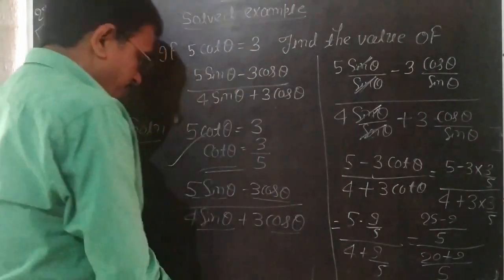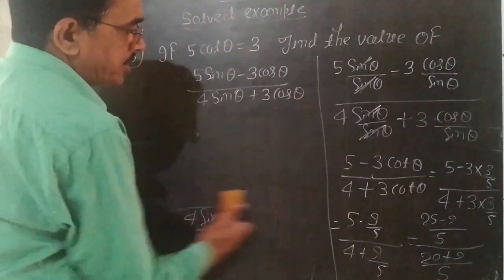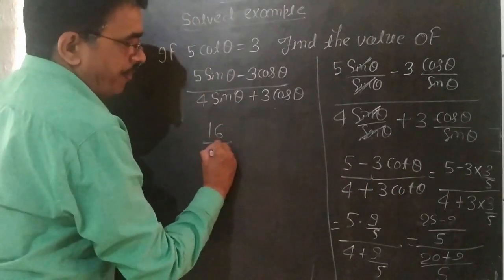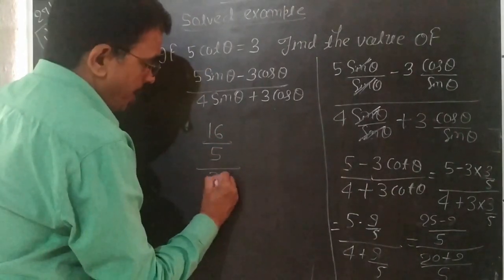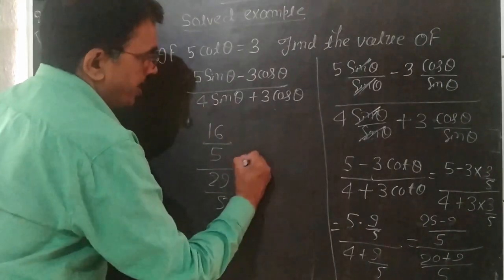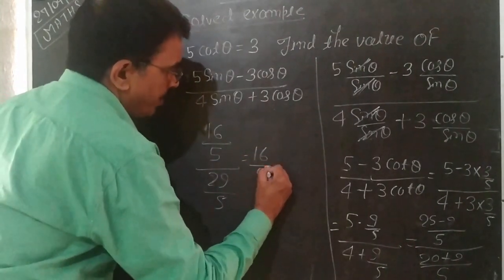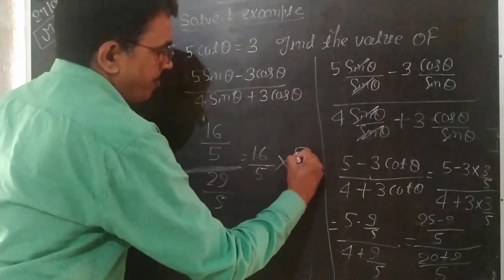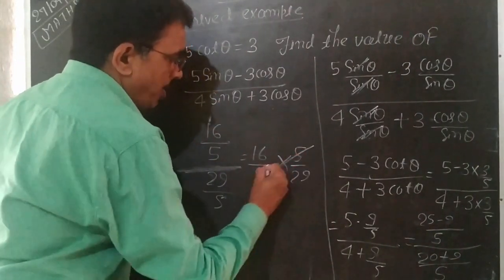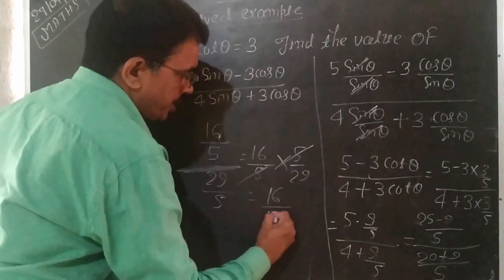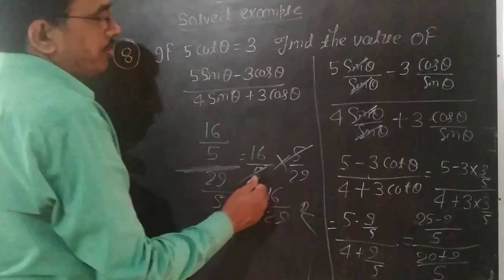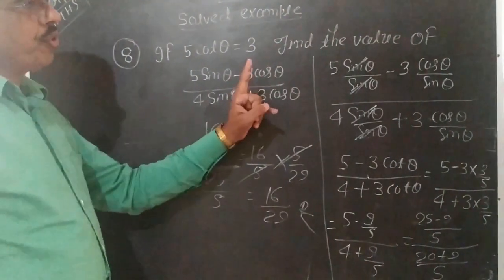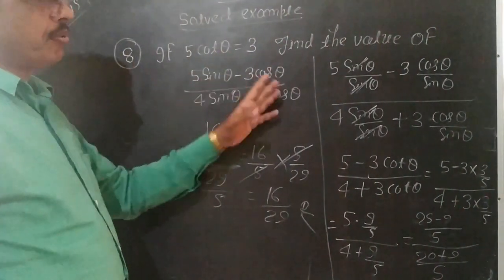Lastly, you write 25 minus 9, that is 16 by 5, and 29 by 5. Then 16 by 5 is divided by this, so interchange it, you write 5 by 29, the 5 cancels, so the result is 16 by 29. This is the solution, so you can solve it the easy way. Only change the terms into cot and substitute the value of cot, then you can find it.